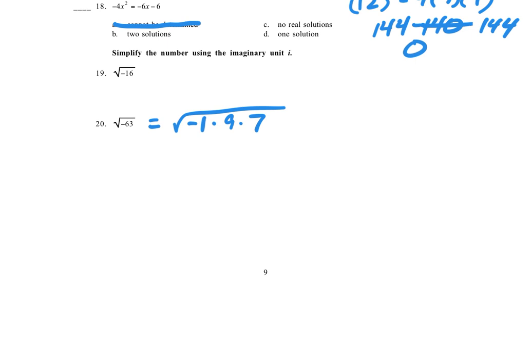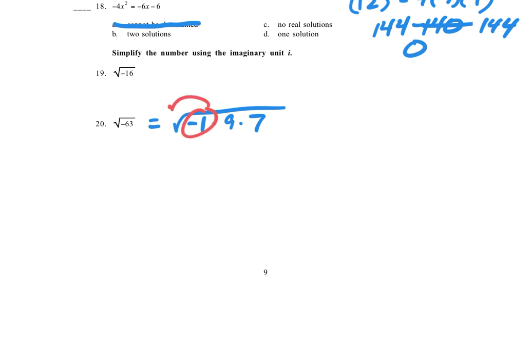You could do the tree, right, where you break it down. I like to break it up into perfect squares. Find a perfect square that goes into 63. So I did 9 times 7. I wouldn't want to do like 3 and 21. 3 times 21 gives me 63, but neither one of those are a perfect square. So I want to find a number that's a perfect square that goes into 63.